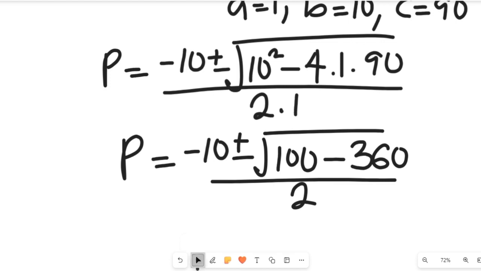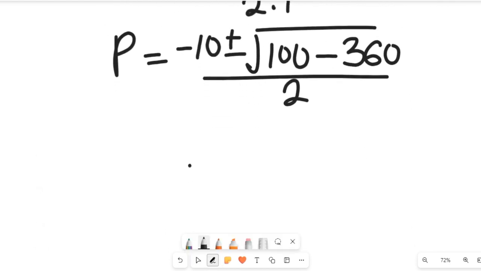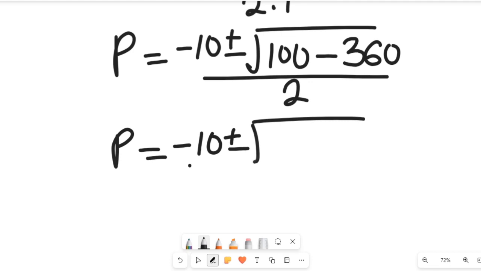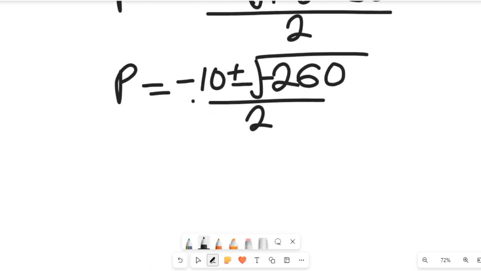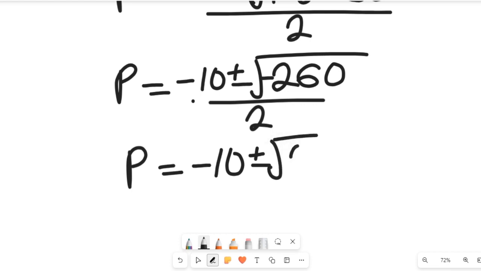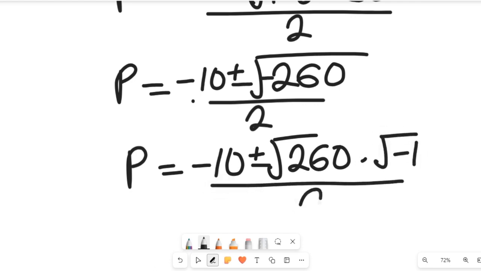So our value for p will now be equal to negative 10 plus or minus a square root of negative 260, divided by 2. So the value of p will now be equal to negative 10 plus or minus square root of 260 multiplied by the square root of negative 1, all divided by 2.